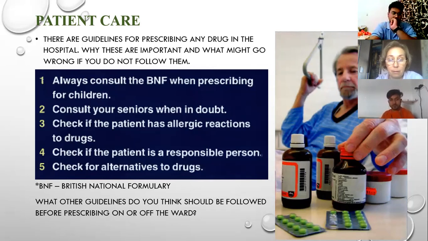Yes, ma'am. Check for alternatives to drugs. When the patient comes for treatment, we have to closely check what type of drug he has to take, because sometimes a particular drug is an allergen to the patient, so we always have to take an alternative, either in pill form or in syrup form.